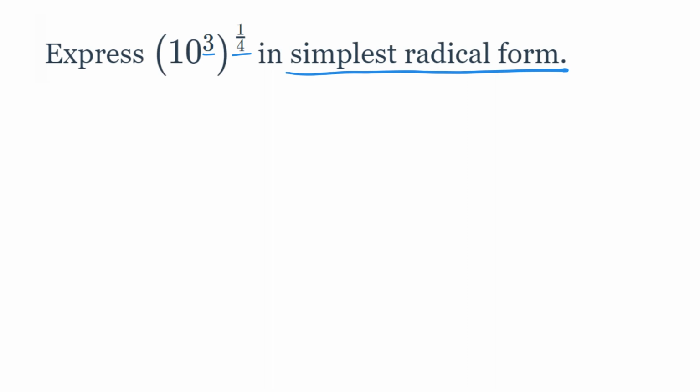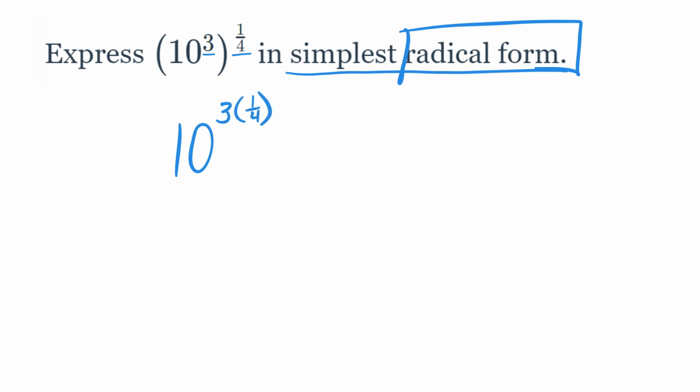So in radical form, by the way, we're going to simplify this in radical form. So when we have a power to a power, what we have to do is multiply their exponents. So this is going to be 10 to the 3/4 power.